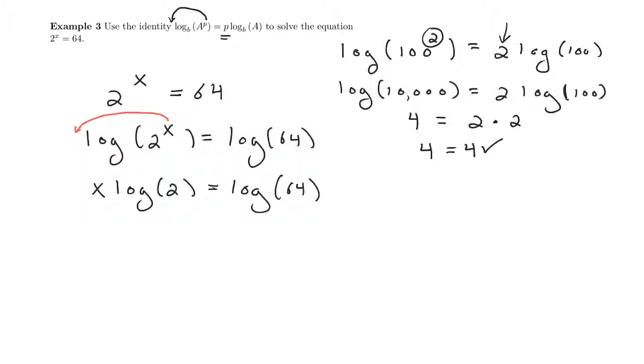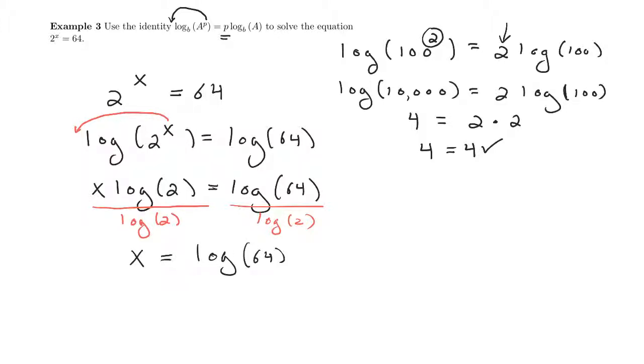We changed something from an exponential equation to a linear equation. To solve for x, it's going to look a little bit different, but we're just going to divide both sides by log of 2. And my answer is x is equal to log of 64 divided by log of 2.